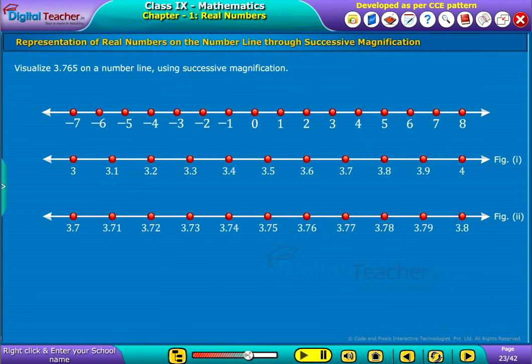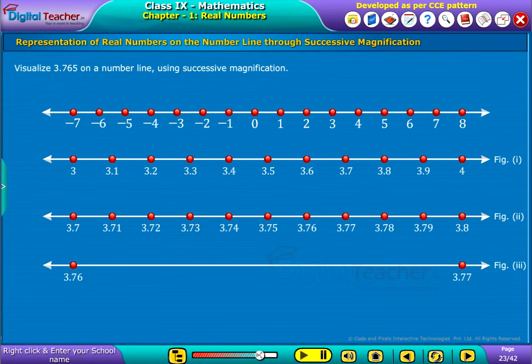As before, we can visualize through the magnifying glass that 3.765 lies between 3.76 and 3.77. So, let us focus on this portion of the number line as shown in figure 3 and imagine dividing it again into 10 equal parts. Thus, magnify it to see it better as in figure 3.